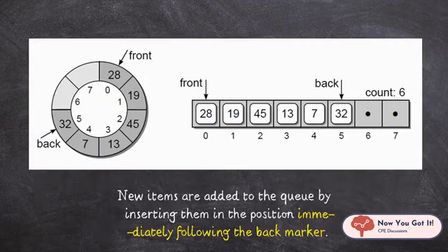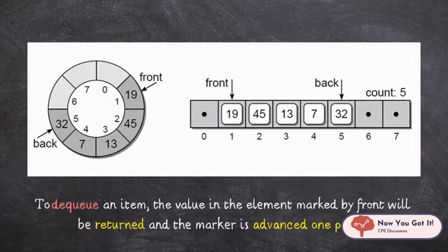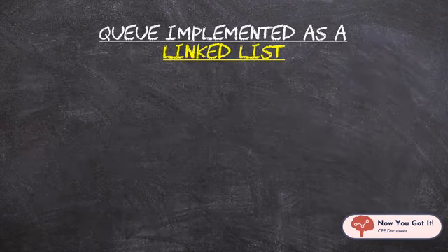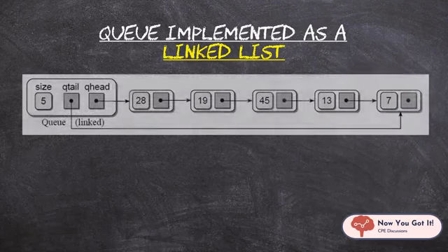New items are added to the queue by inserting them in the position immediately following the back marker. For example, suppose we enqueue value 32 into the sample queue. To dequeue an item, the value in the element marked by front will be returned and the marker is advanced one position. Another way of implementing queues is by using linked lists.